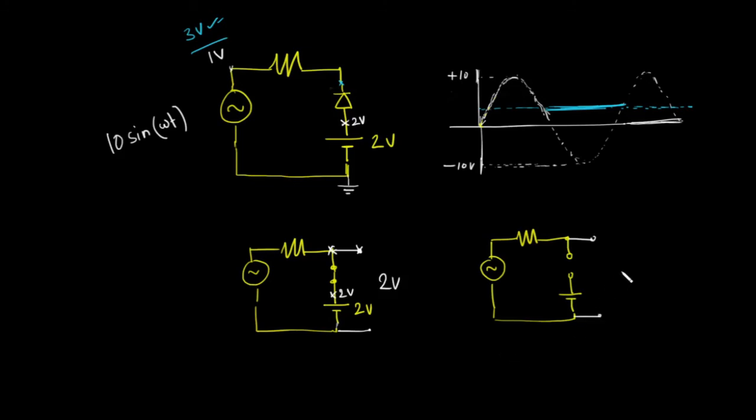So what will be the output voltage now? Well, since this is open circuit, this voltage source will contribute nothing to the output, and whatever is in the input will come directly to the output. So V out will be equal to V in. So all voltages above 2 volt will pass exactly the same as it is in the input.